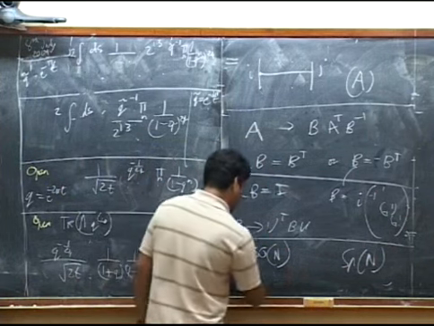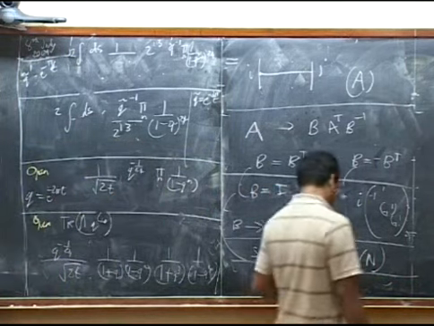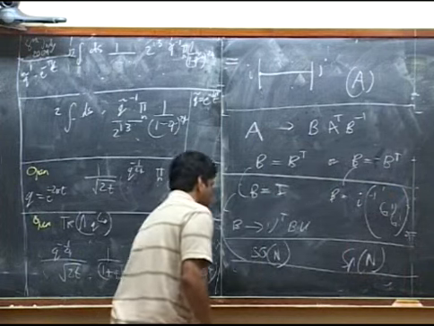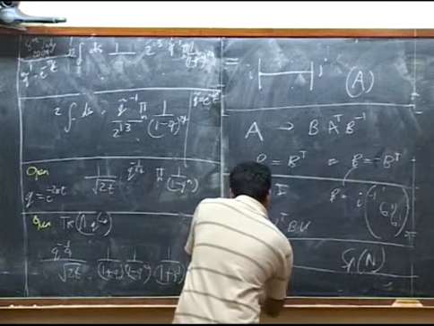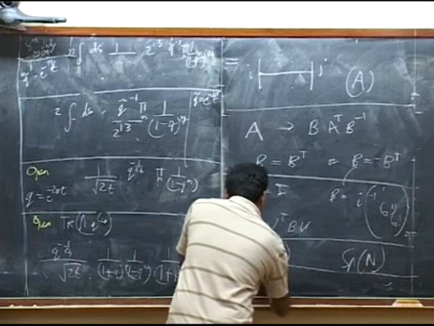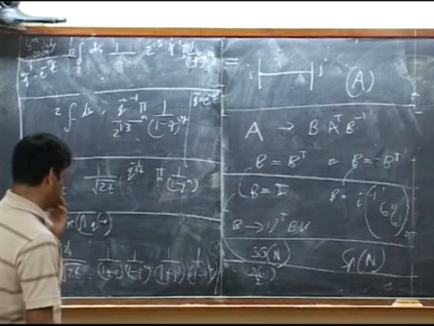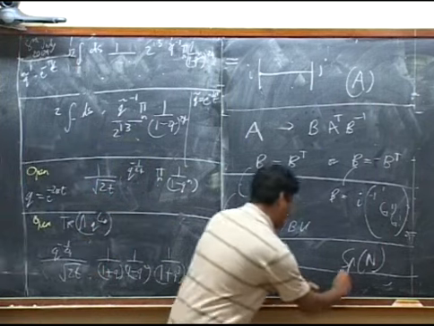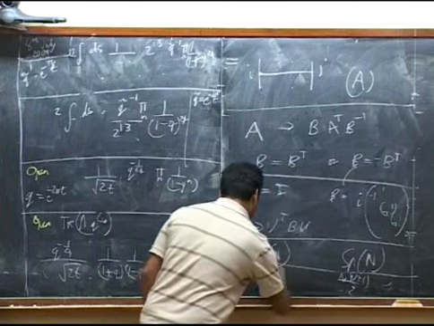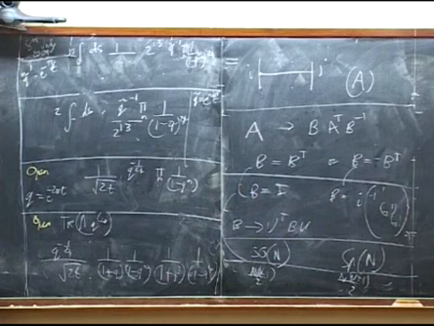I'll remind you that the dimension of this group is n into n minus 1 by 2, and the dimension of the other is n into n plus 1 by 2. So let's see.